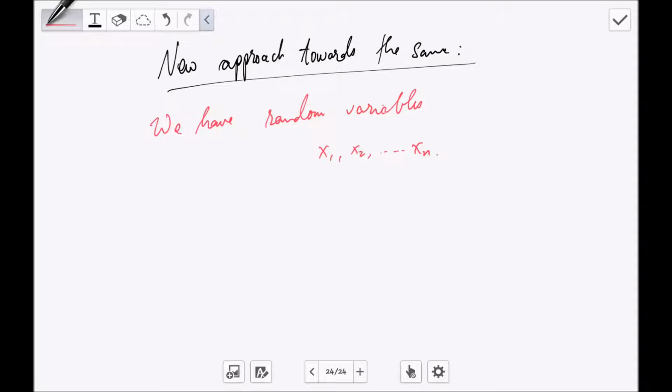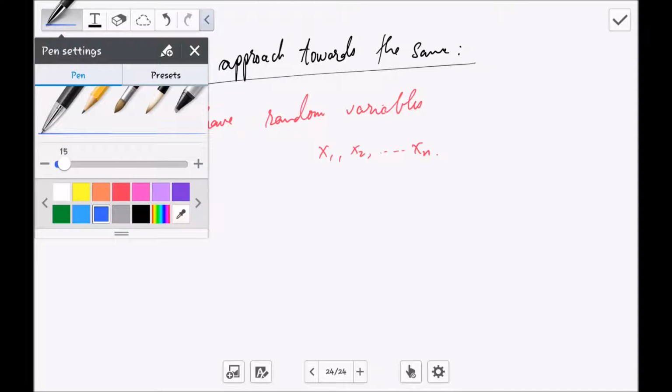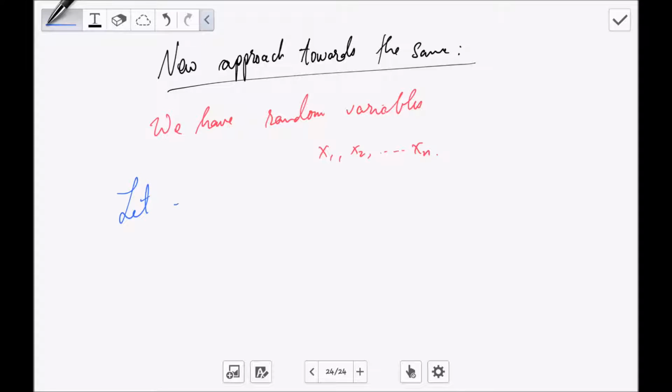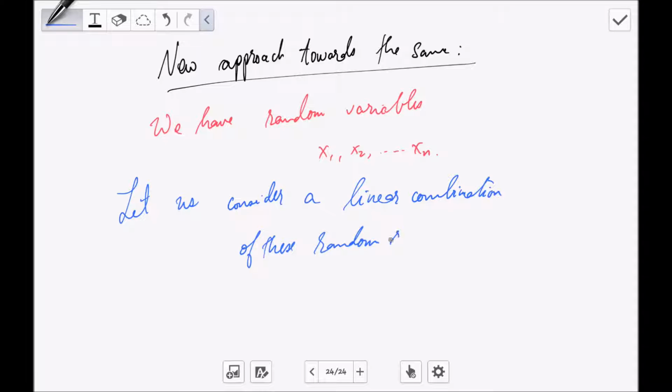Now let us consider a linear combination of these random variables. What would that combination look like?